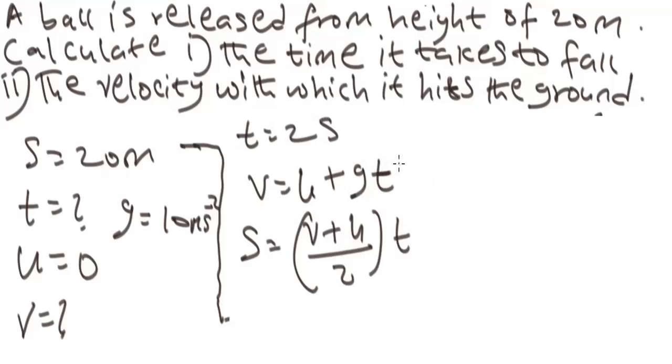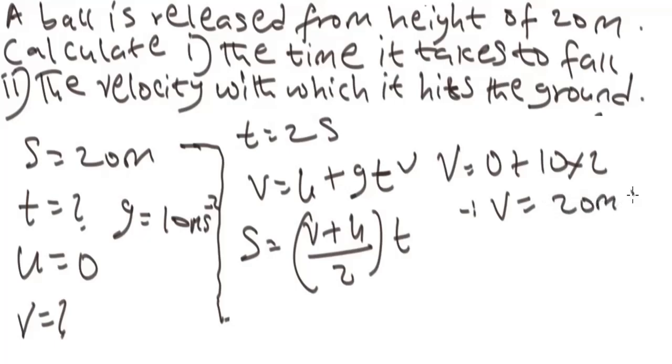Either will work, but let's use this one first. To find v: initial velocity is 0 plus our g is 10, times our time is 2. Therefore the final velocity v will be 20 meters per second.